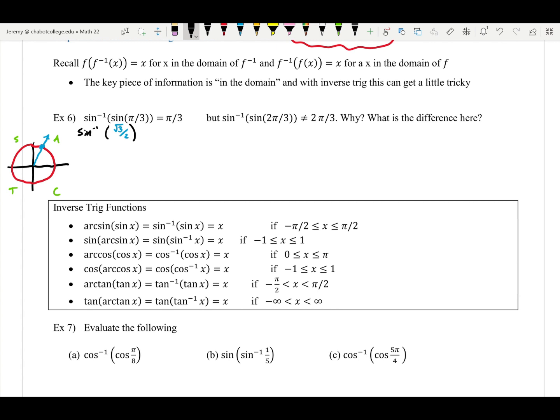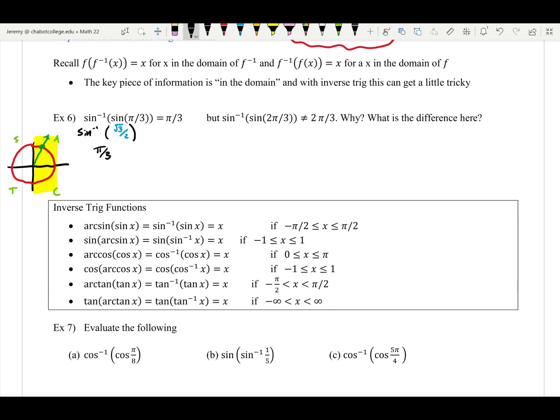Okay, and then what is sine inverse of root 3 over 2? Well, we already kind of have the picture drawn. We just have to make sure that we're pulling values from the right half of the unit circle. Root 3 over 2, what we're going to output is, since we have the terminal point at pi over 3 that has that y coordinate of root 3 over 2, this is just going to be equal to pi over 3.